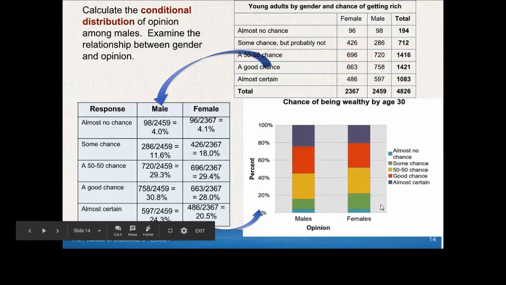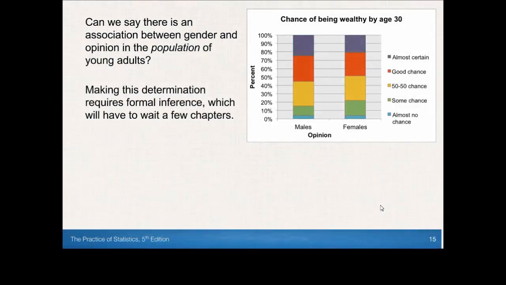So what we're doing is we're examining whether there's a relationship between gender. So can we say that there's an association between gender and opinion in the population of young adults? Maybe, I don't know. It could be. Making this determination requires formal inference, which we have to wait a couple of chapters on.